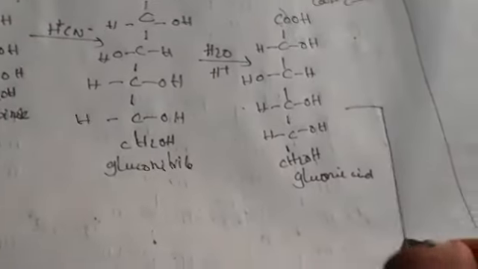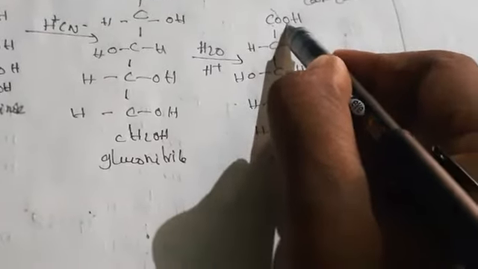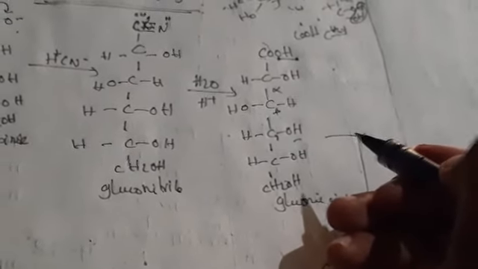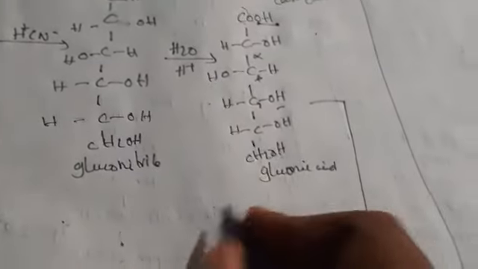Now this molecule, when heated, will lose a water molecule. Here OH, and from the gamma, this is alpha, beta, gamma, from the gamma position O. So here H, here OH, minus H2O is going to take place.